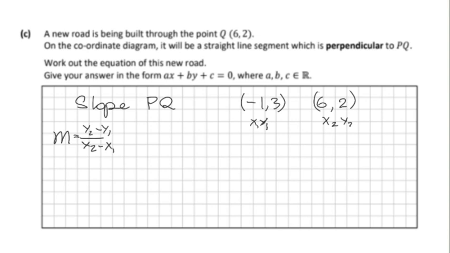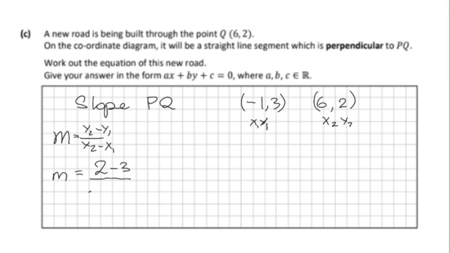And now let's substitute everything in carefully. So m is equal to, we have y2 is 2 minus y1 is 3. So we're going to have 2 minus 3 as the numerator, and down below for the denominator we will have x2, which is 6, minus x1, which is -1, so minus the negative one.